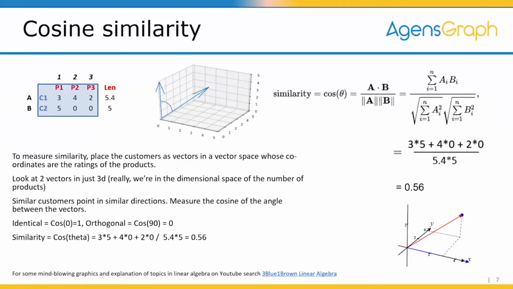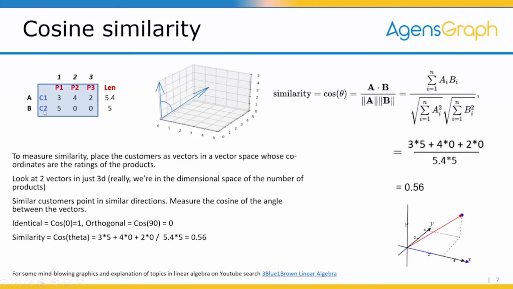And if they're pointing in generally the same direction, irrespective of their lengths, by the way, it's a really nice feature that you get from cosine similarity. It's irrespective of the lengths of the vectors. In other words, if this vector was twice as long but pointing in the same direction, I would still come out with the same similarity calculation. That's it. That's as difficult as cosine similarity gets.